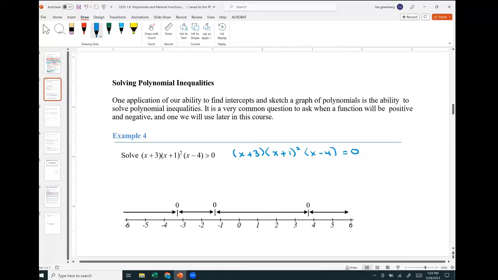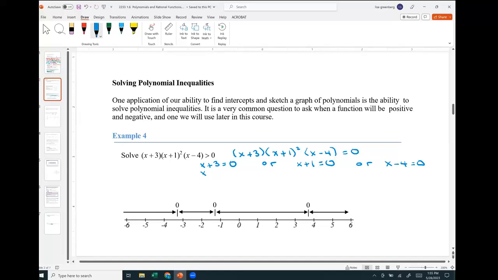Okay? That means that either x plus 3 equals 0, or x plus 1 equals 0, or x minus 4 equals 0, because if any one of those factors or any one of those multipliers is 0, then the whole thing is going to be 0.